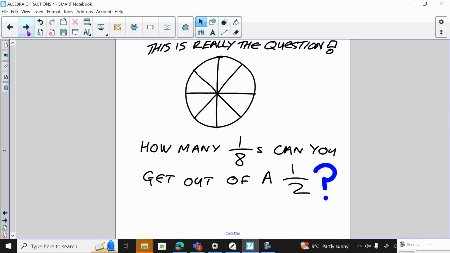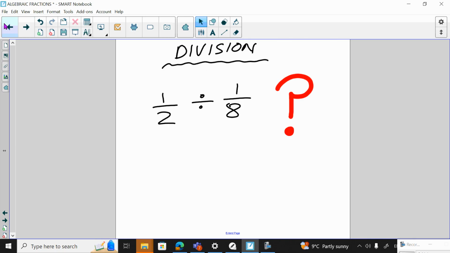That's what they're really asking. Don't think pizzas, but you can think of pizzas if you want. That's half divided by an 8th. Because if it was 10 divided by 2, how many 2's can you get out of 10? Maybe there's 5?